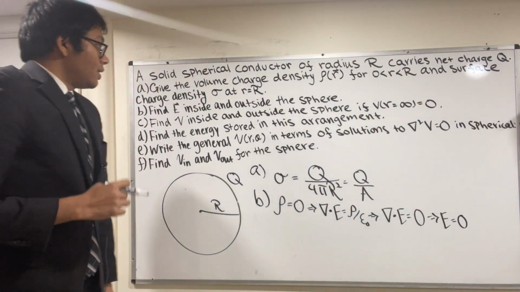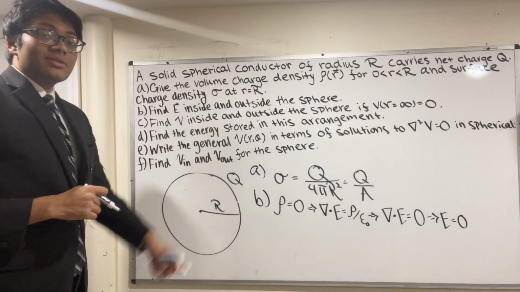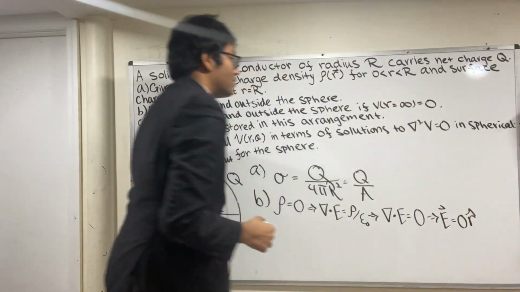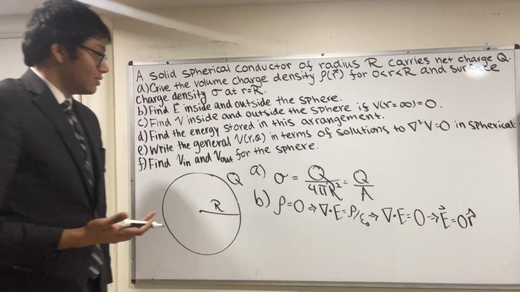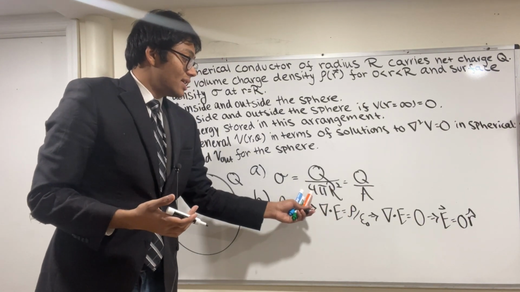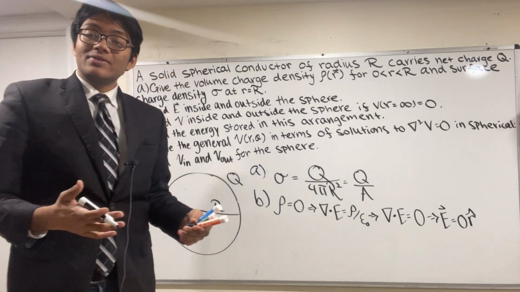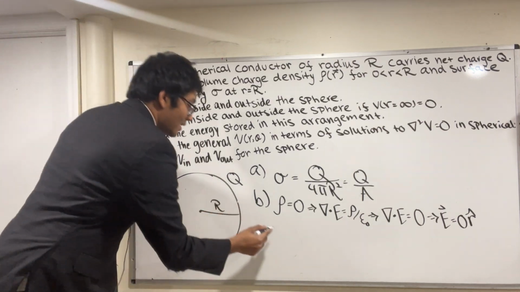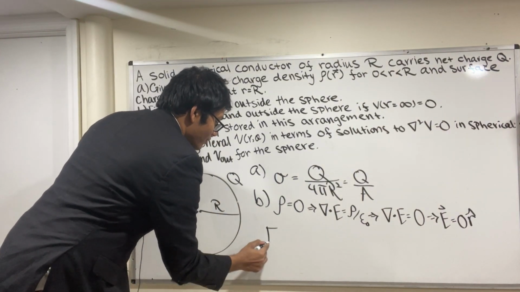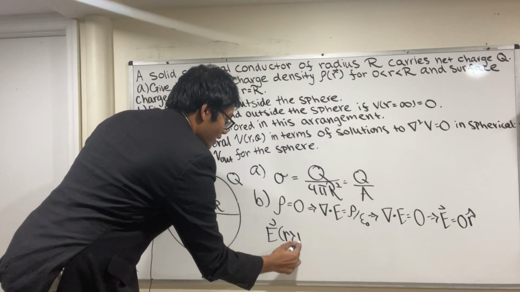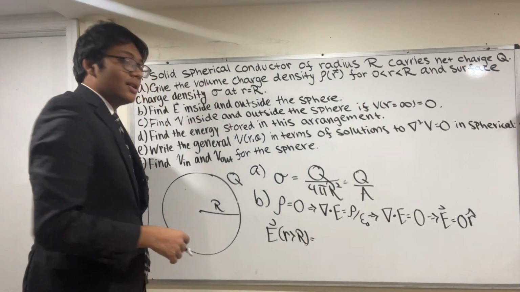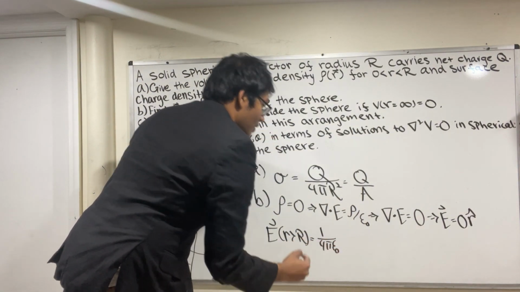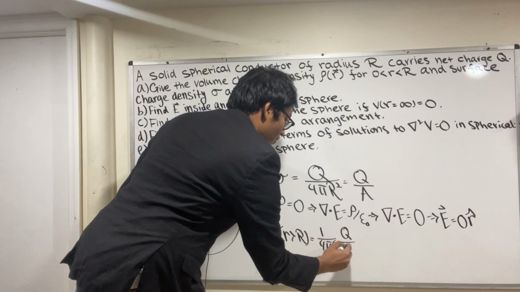Okay, now let's take a look at the electric field outside of the sphere. Let me just make it a vector right there. The electric field outside the sphere is simply going to be due to this surface charge density. The electric field outside the sphere, in fact, will look like a point charge, right? So E outside the sphere, r greater than R, is simply going to be k, which in SI units is 1 over 4 pi epsilon naught, Q over r squared.